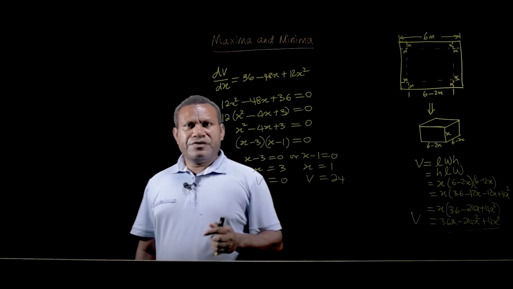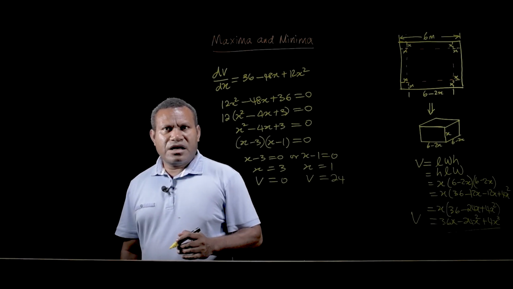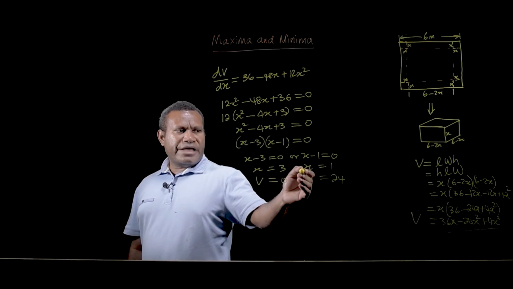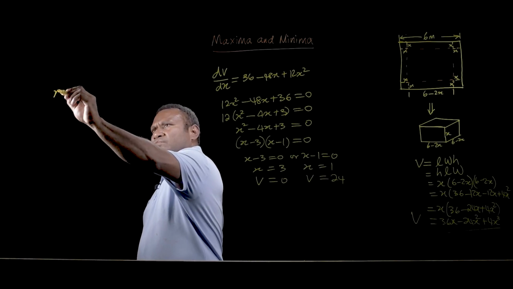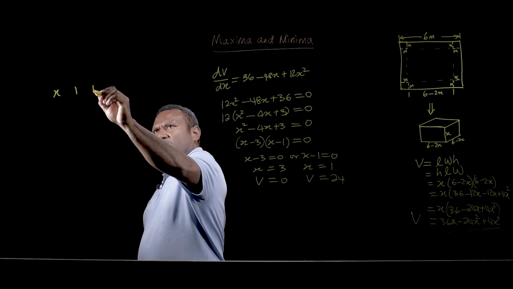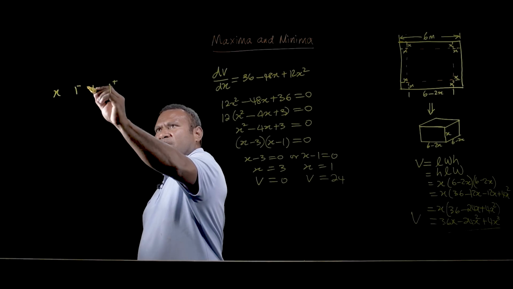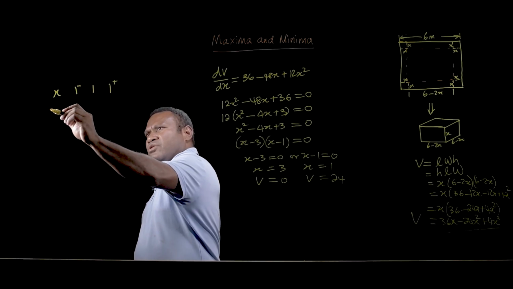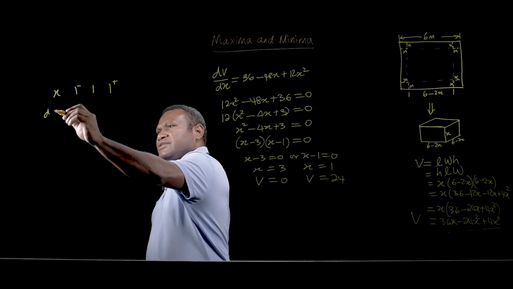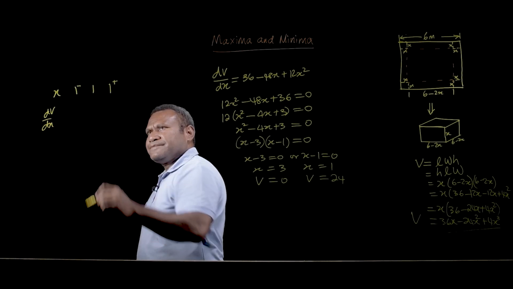But we can also prove this using the idea that we already have learned in our previous lesson. So if I take, let's say, x equals 1, and prove it, we consider a number greater than 1 and a number less than 1. And then we consider the sign of the differential coefficient or the gradient function, dv over dx.